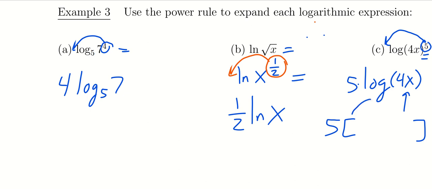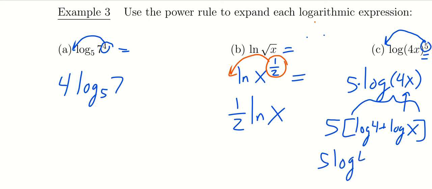If we split log of 4x into more than one term, it's important to realize that that 5 must multiply to whatever that result is. So this is going to be common log of 4 plus common log of x like this. And then if you expand it, you can distribute the 5 in, or you can leave it out. But this is what we would get.